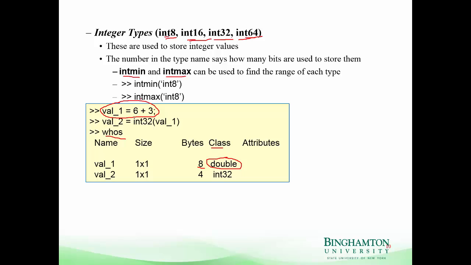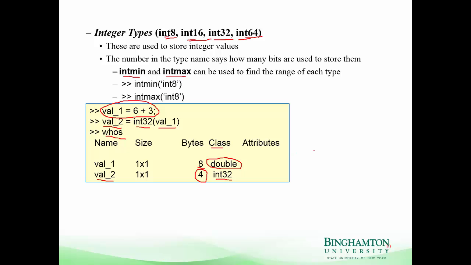Now, if we take that variable and put it as an argument into the function int32, it will convert into a 32-bit integer format, and then I assign it to a new variable val2. Down here you can see in the result of the whos command that val2 now has class int32, and that only takes 4 bytes.